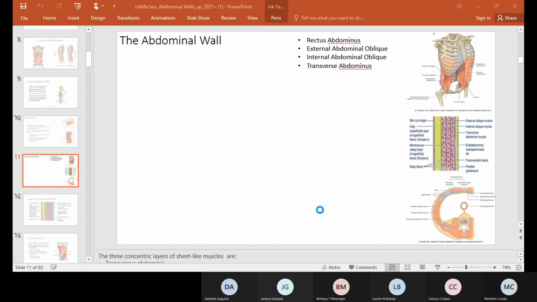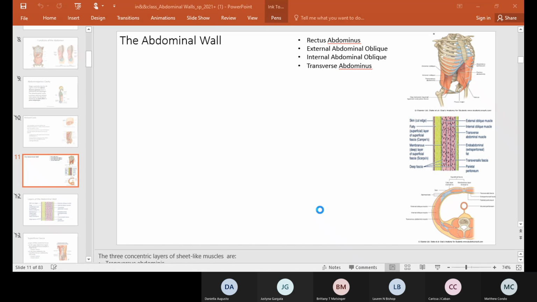Okay, so then what we need to think about is what muscles are going to produce side bending. If I'm going to side bend to the right, what two abdominal muscles are going to make me side bend to the right? Which ones? Right internal, right external.